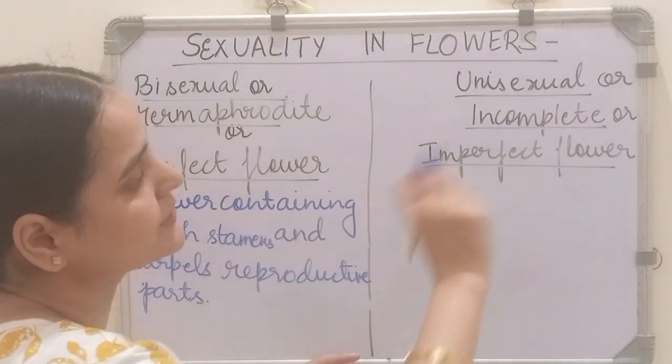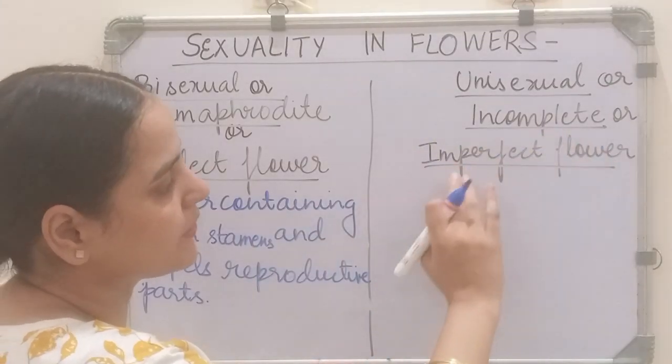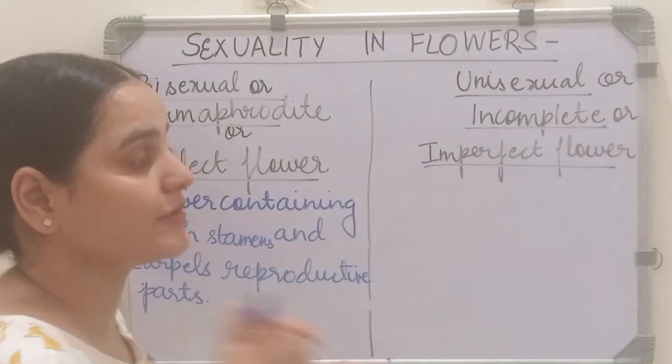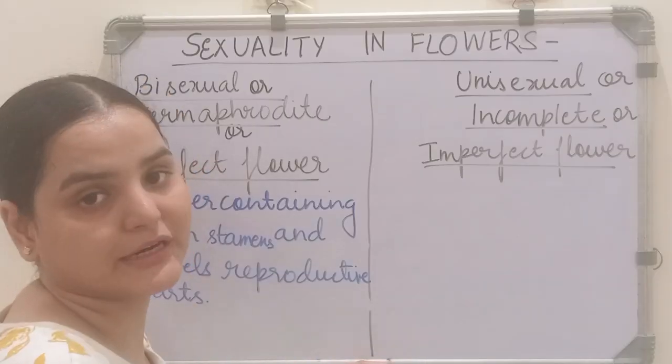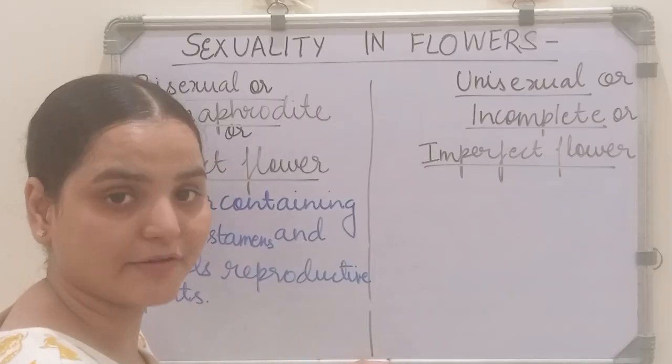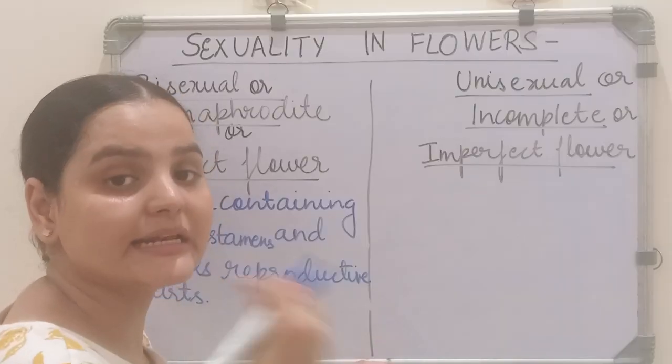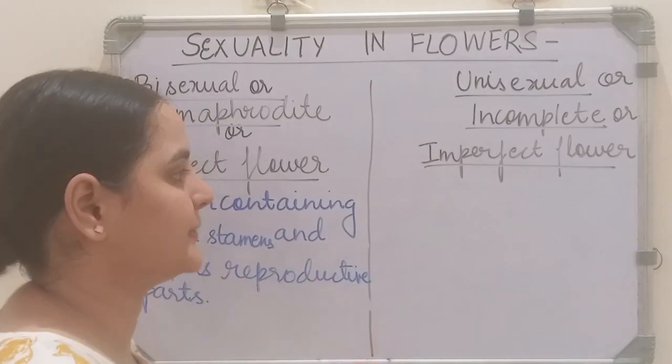Now in unisexual or incomplete or imperfect flower, the flower has only the male or only the female reproductive part. Means the flower is having only the stamen or only the carpel.